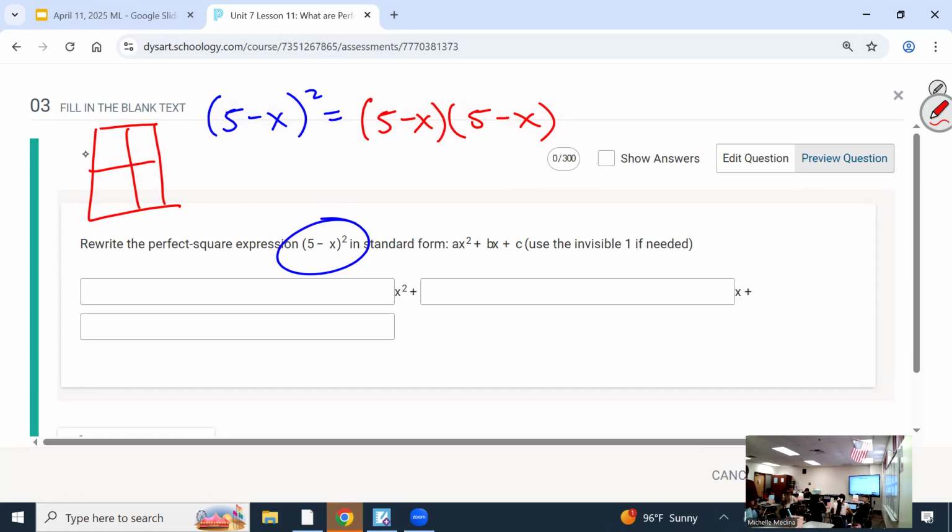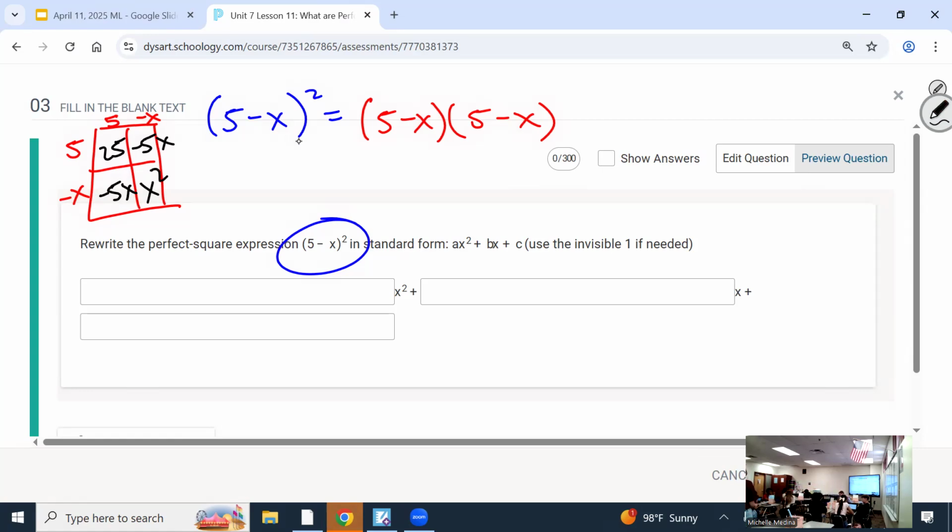And the way I would set it up is it would be 5, negative x, 5, negative x, and then we're multiplying. What's 5 times 5? 5 times negative x. Over here, 5 times negative x. And negative x times negative x. Positive x squared.